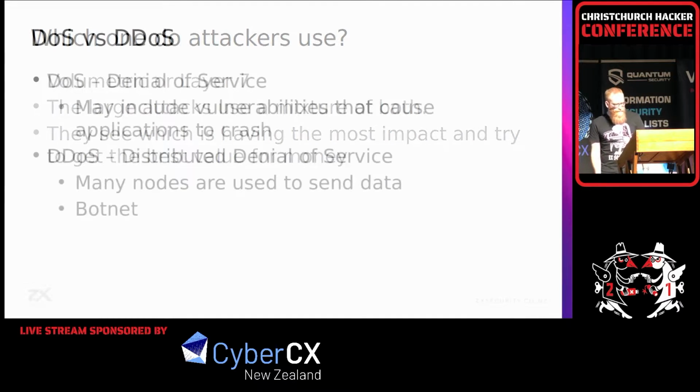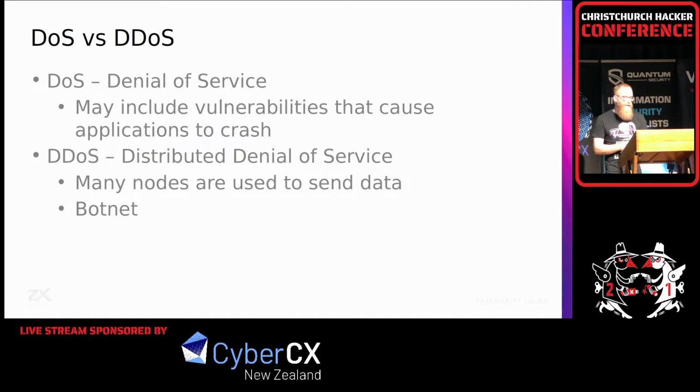A little bit of terminology: denial of service attack is the overarching class of vulnerabilities. A distributed denial of service attack is a particular subset where a large botnet or similar is used to send traffic at targets. So it's distributed, the traffic's coming from a distributed network, often a botnet.